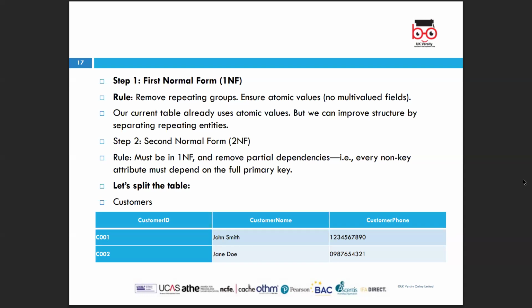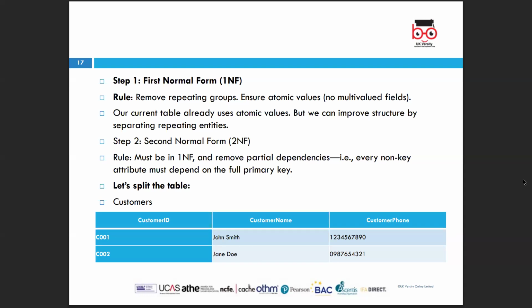Our first step is first normal form. Here we remove repeated groups and ensure atomic values are in place. Our current table already uses atomic values, but we can improve our structure by separating repeating entities.